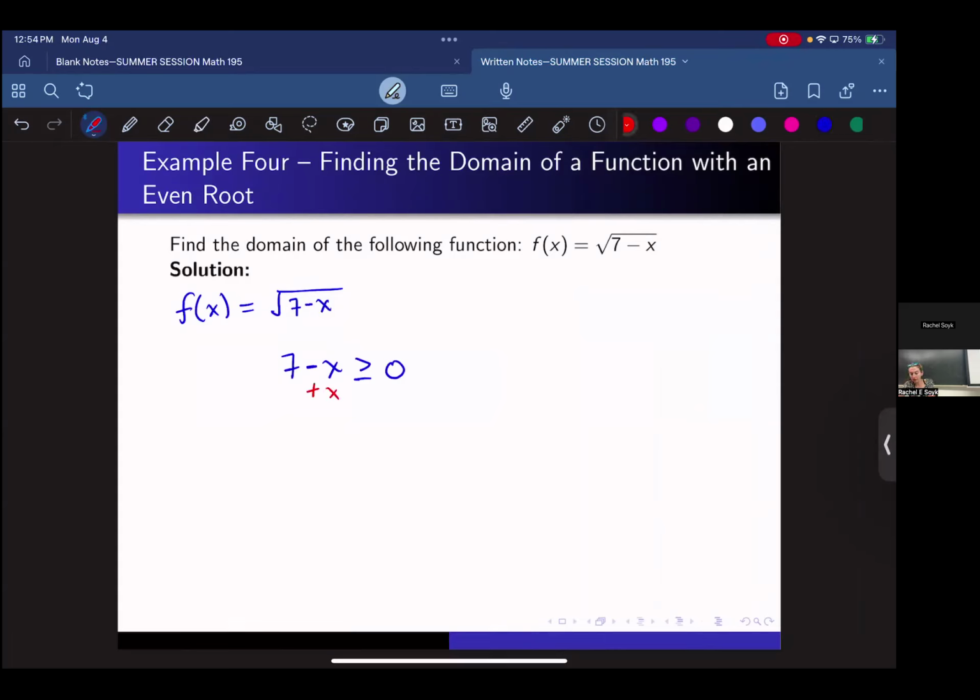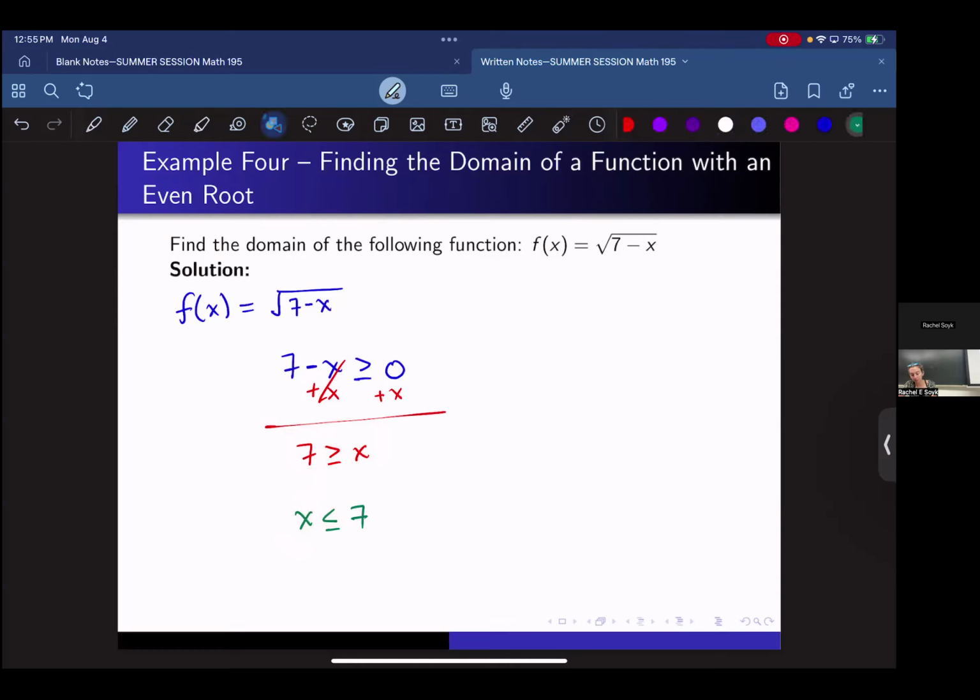So we can add x to both sides. And essentially we're looking at 7 is greater than or equal to x. I always like to have the variable on the left-hand side. So I'm just going to rewrite it as x is less than or equal to 7. And these both mean the same thing. The point towards the x stays exactly the same.